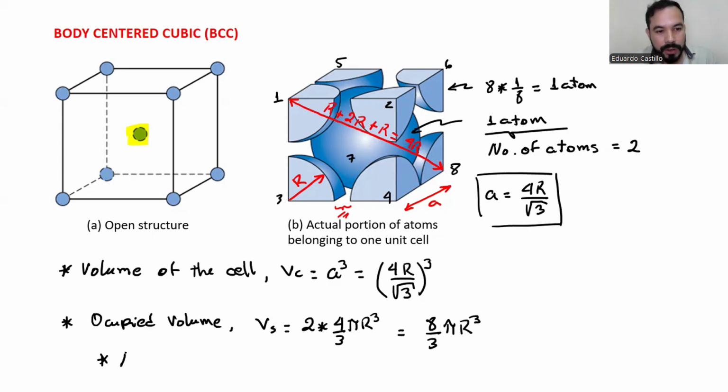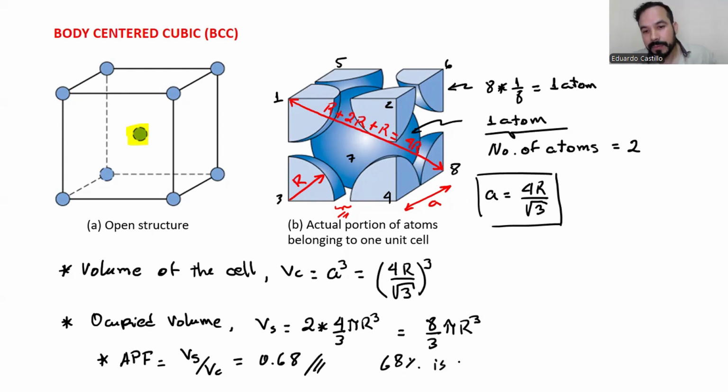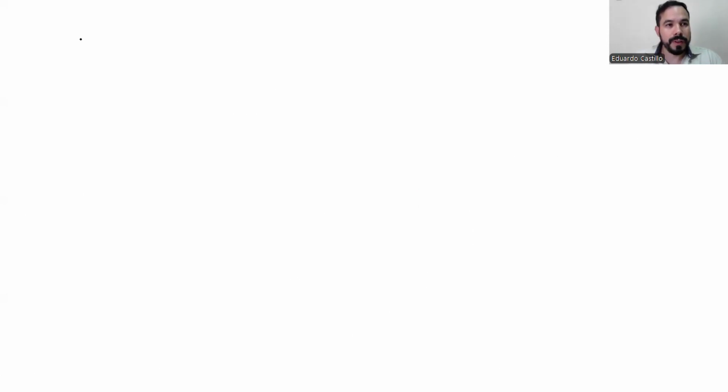And also here, the atomic packing factor, APF, which is Vs over Vc, this time will be equal to 0.68, which means that 68% of the cell is occupied. And the only thing that we need to define now is the number of neighbors, which is going to be equal to 8 this time.